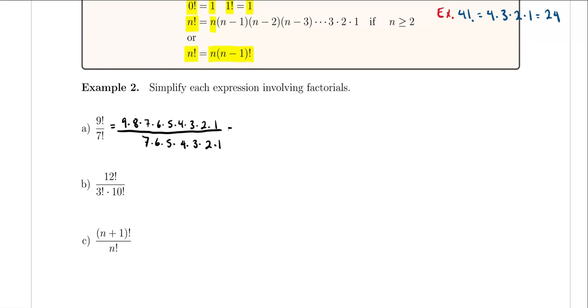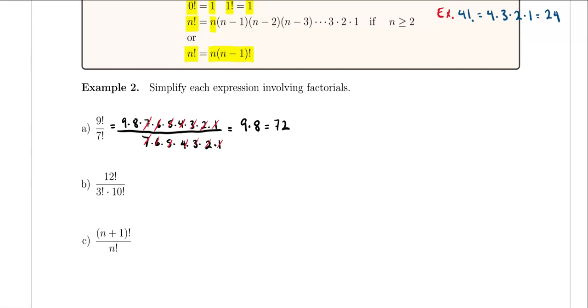As we expand it, you might notice that a lot of things will cancel out. The 7s cancel, the 6s, the 5s, the 4s, the 3s, the 2s, and the 1s. So you're just left with 9 times 8, which is 72.